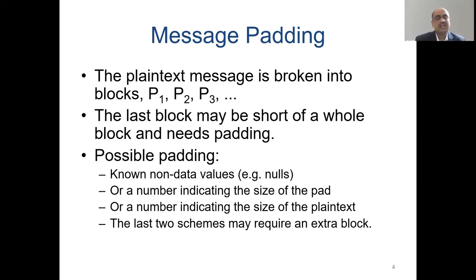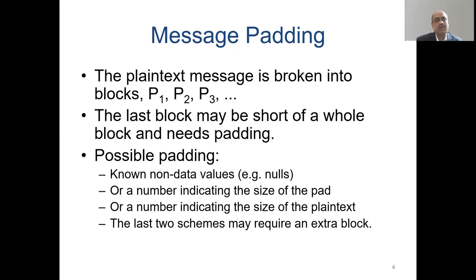So there are different methods for padding. One method is where you use a null value or zeros or a sequence of ones or something like that. Or you can store the length of the pad bits, or store the length of the plain text, or some other two or three methods combined together can also be used.